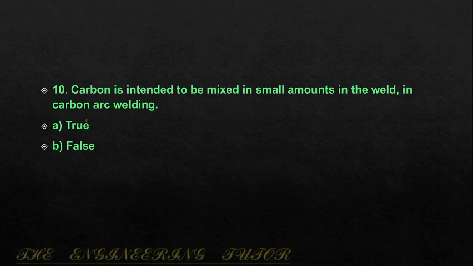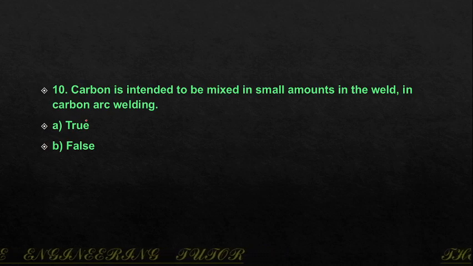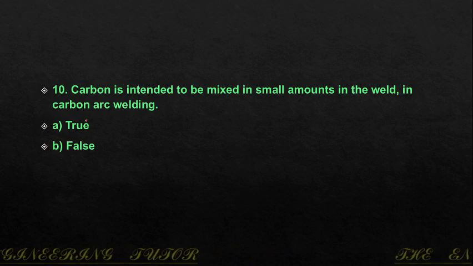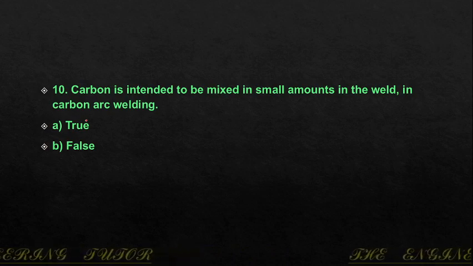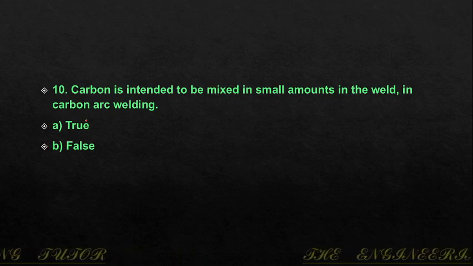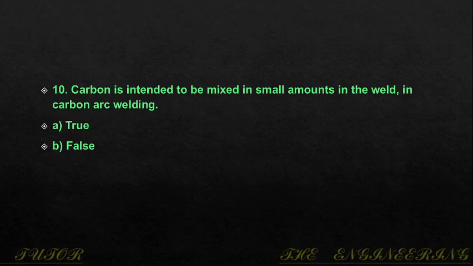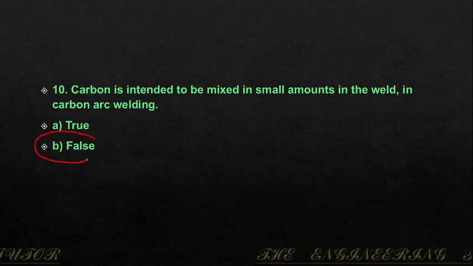The carbon electrode is kept at a lower temperature on the negative electrode to avoid the mixing of carbon in the weld. If carbon gets mixed with the weld, it might end up becoming brittle. So we have to go for the false option.